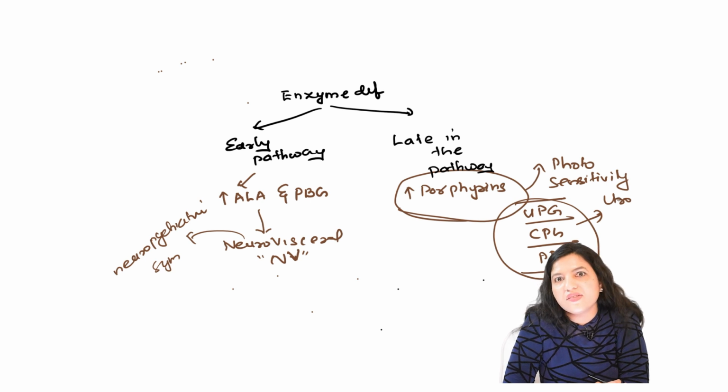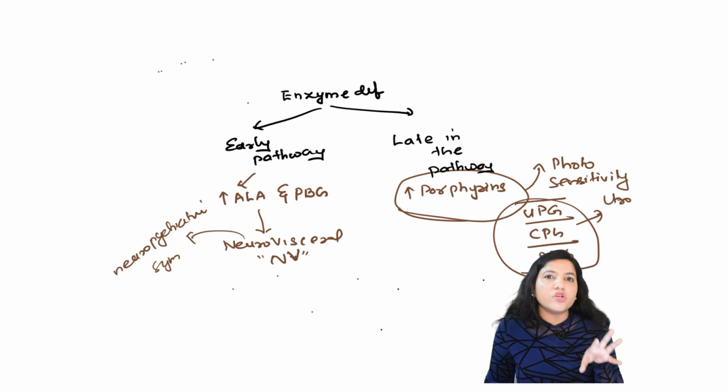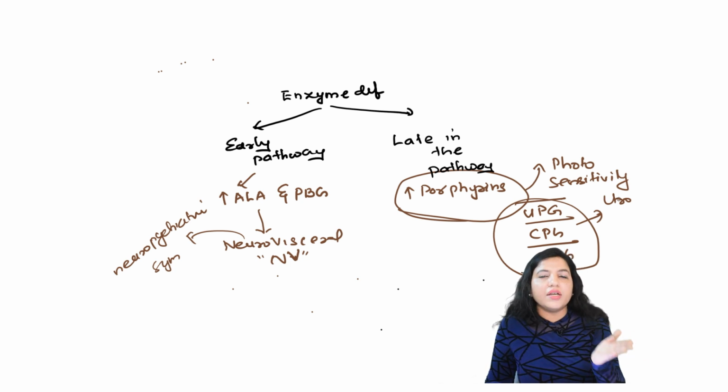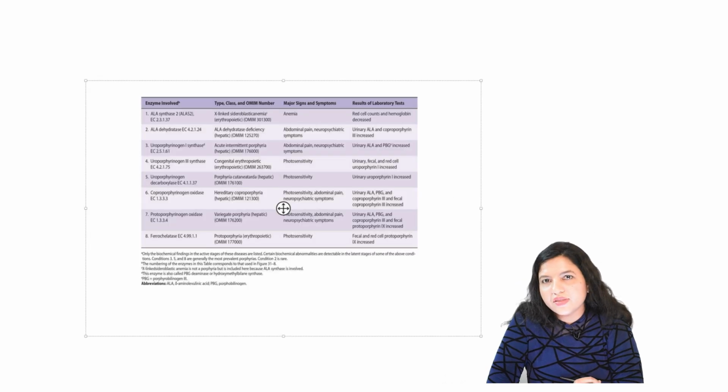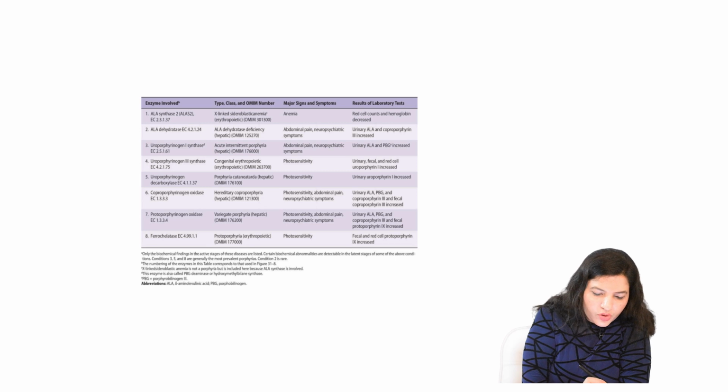If the porphyrins are accumulating, it will cause photosensitivity because of its conjugated ring structure, and that is why there will be photosensitivity if the enzyme deficiency is later in the pathway. I know that this table will not be clear to you, so I will be explaining it. We will be seeing the first enzyme onwards.